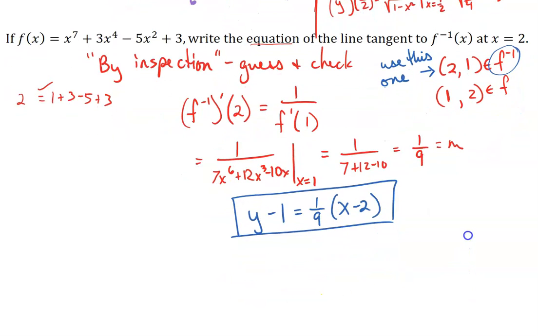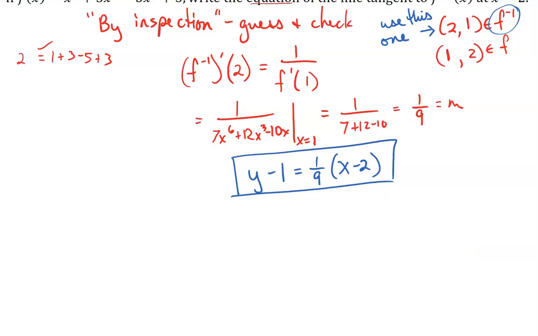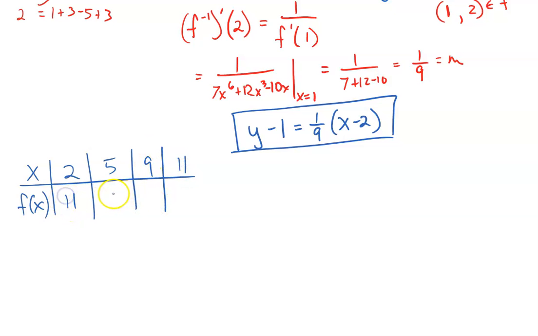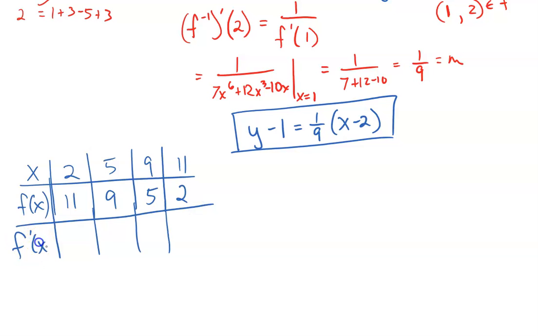I know there's no more on the form of the notes here, but I do want to show you one more example using a table problem. So, for example, let's say that we have a table of values, x, f of x, and let's do 2, 5, 9, 11, 11, 9, 5, 2, and I'm just making up some numbers here, and then f prime of x is going to be 6, -3, -4, 8.